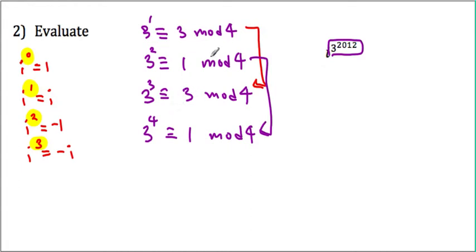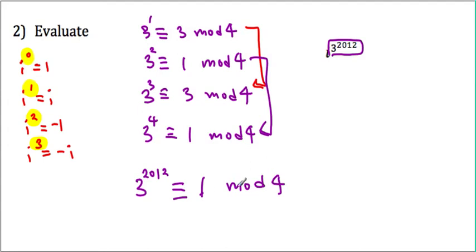That means, in this case, every odd power, we will get 3 as the remainder. Every even power will get 1 as a remainder when you divide by 4. 2012, that's an even number. So we realize that 3 to the 2012, when it's divided by 4, will follow the same pattern as the even numbers, which is 1 mod 4.